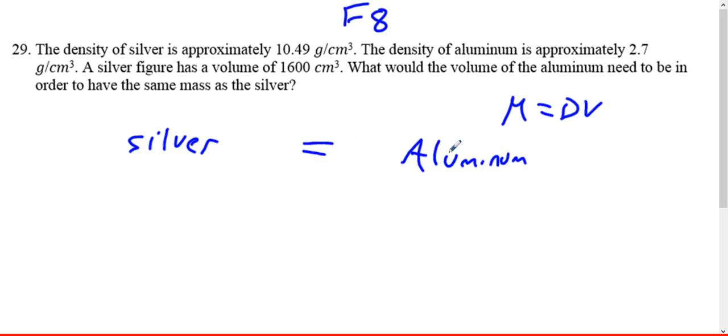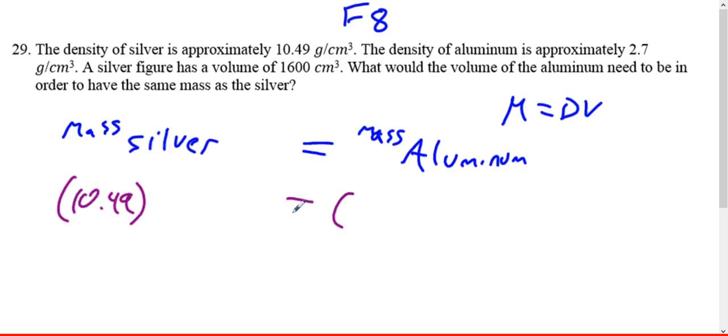And we want them to have the same mass. So we're going to take the density times volume of silver equal to the density times volume of aluminum.